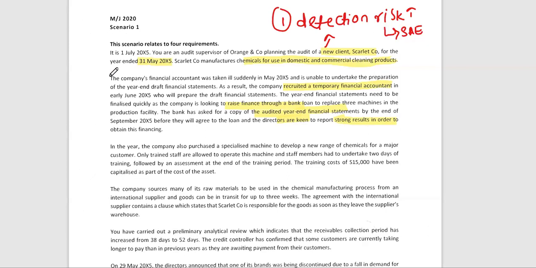First of all, the company's financial accountant was ill, and in replacement of him, the company recruited a temporary financial accountant. Now, what's the risk here? There is a risk that this temporary financial accountant, from the auditor's point of view, may lack experience, so you can explain it because of lack of experience.